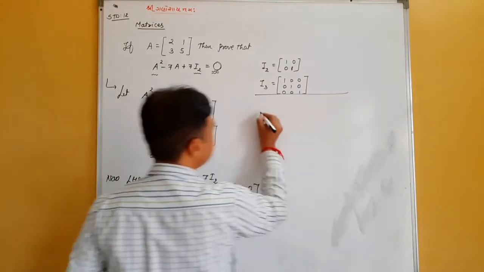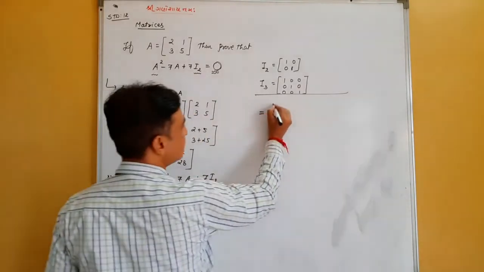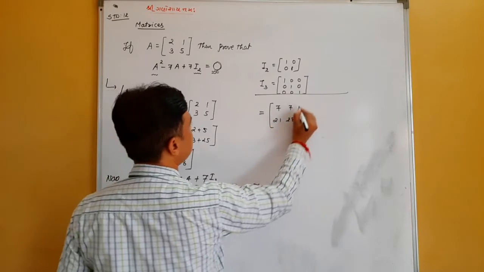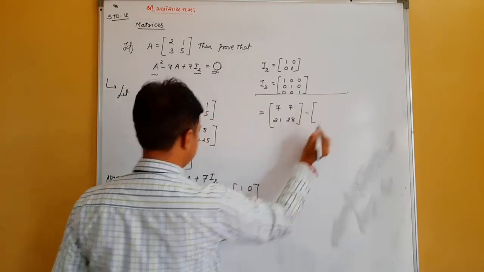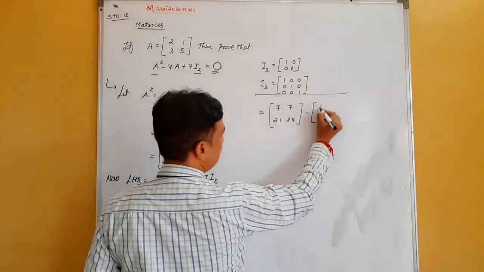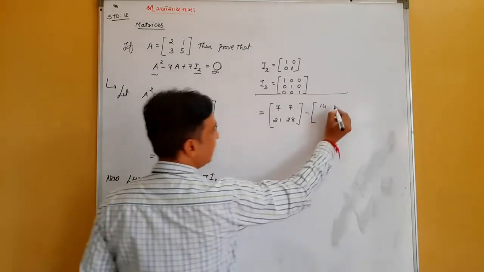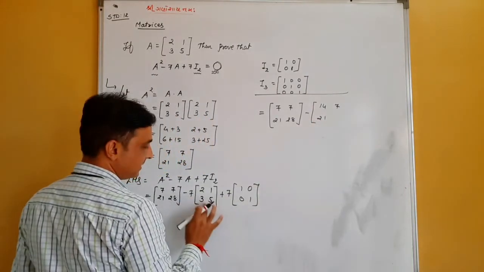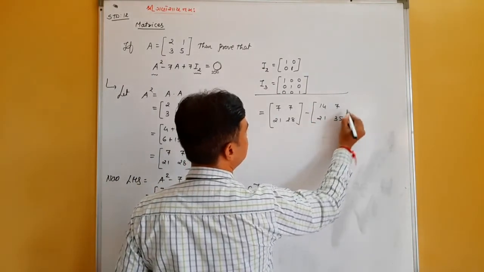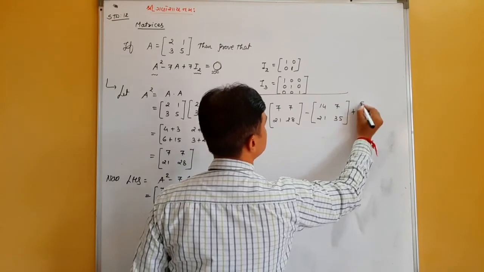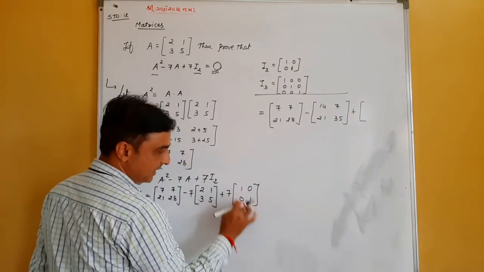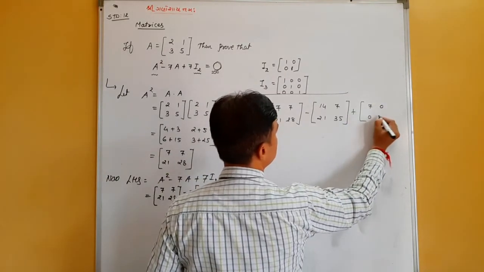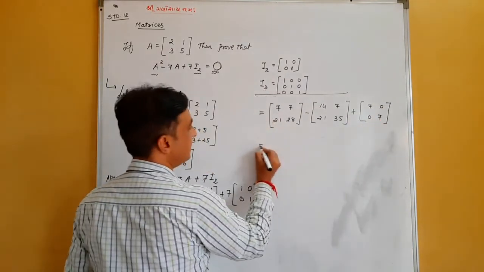Now simplify. This is as it is: 7, 7, 21, 28 minus 7 2s are 14, 7 1s are 7, 7 3s are 21 and 7 5s are 35, plus 7 multiplying all the elements: 7 1s are 7, 0, 0, 7.